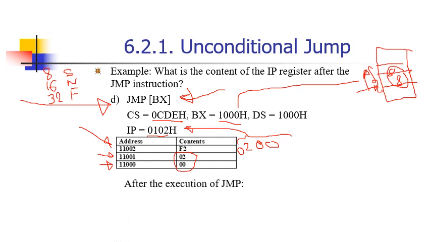Okay, good. After the execution, this is your new value inside your IP, and CS will be kept intact. You don't change it because this is a near jump.